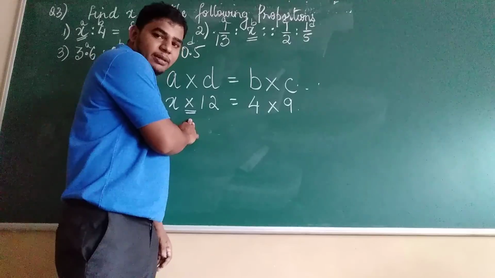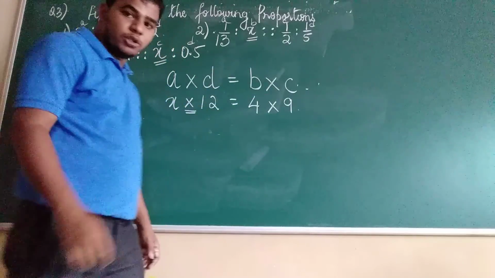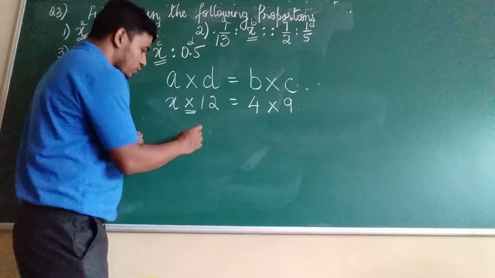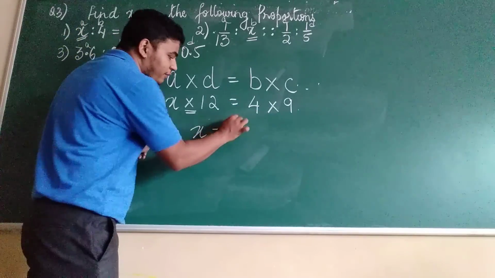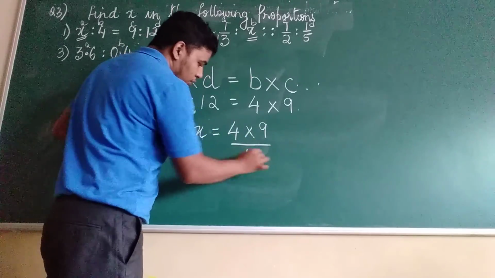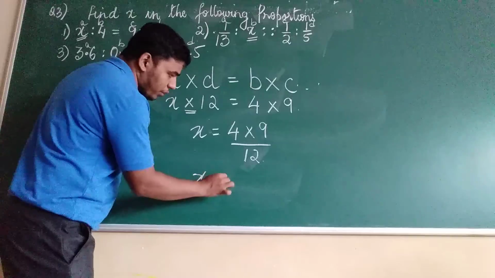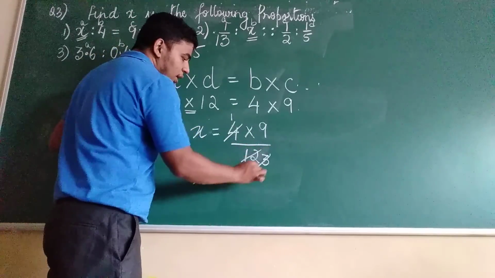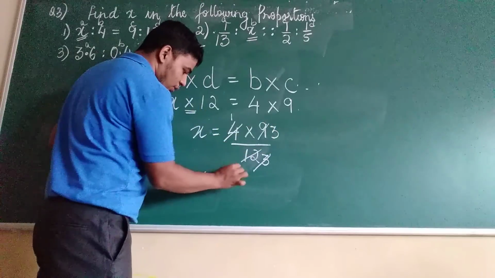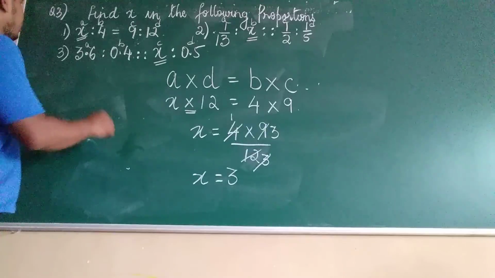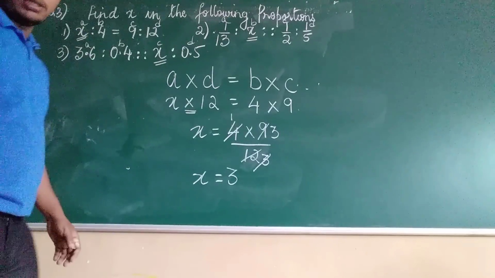It will divide. So take x here only, you write 4 into 9 upon 12. X value will come to 4 ones are 4, 3 threes are 9... so x value is 3. So in the first one, x value is 3.